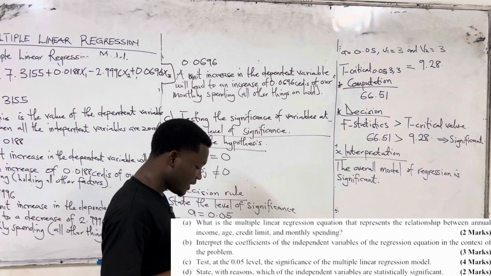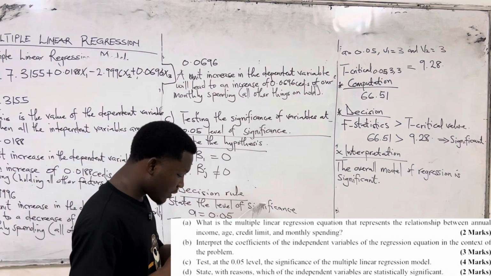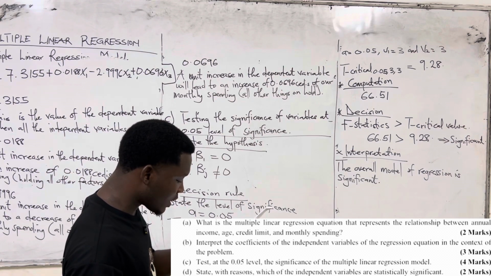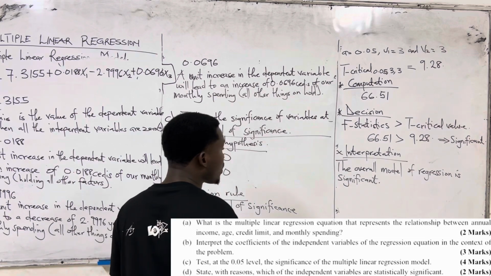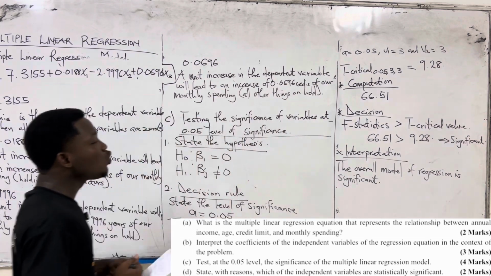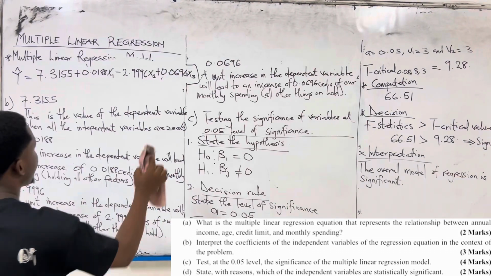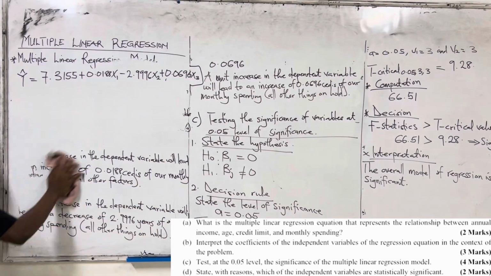So we are going to question D. Question D says: state with reasons which of the independent variables are statistically significant. The first thing that we have to do is use the p-values. Because of space, I will clean here, but I will leave this part because I will use it to solve another question.